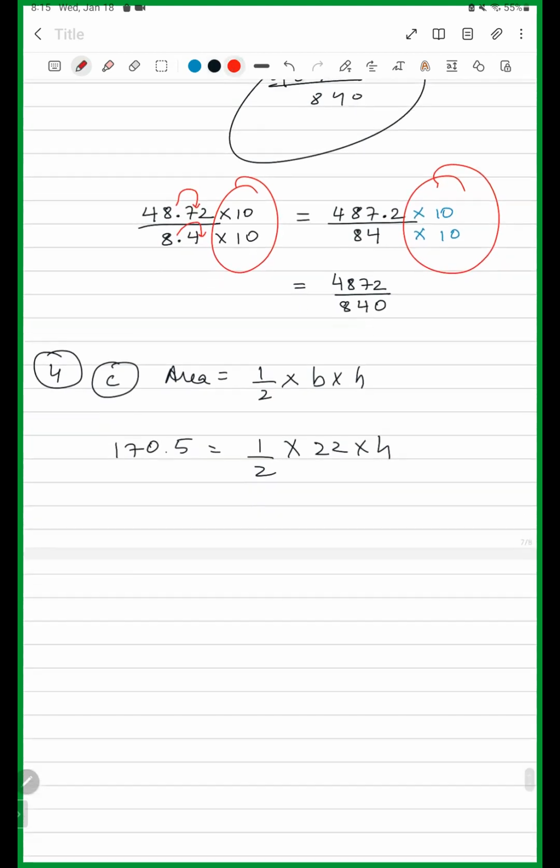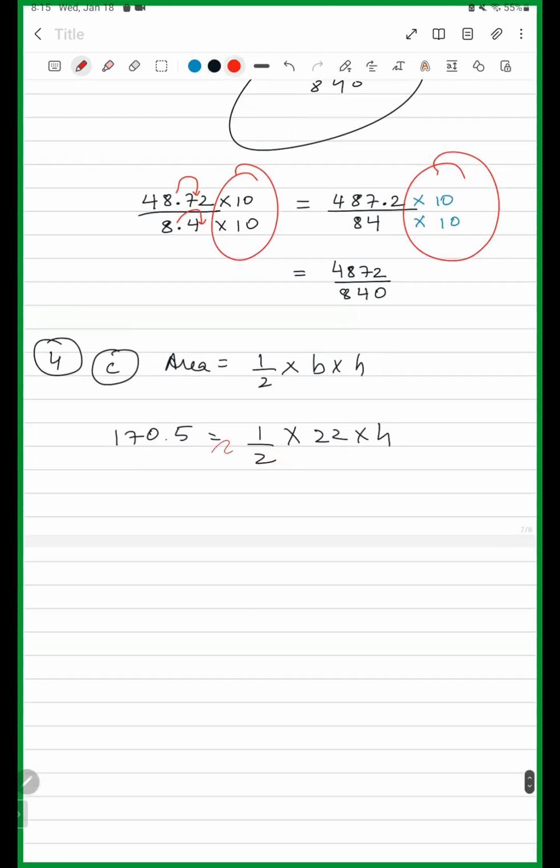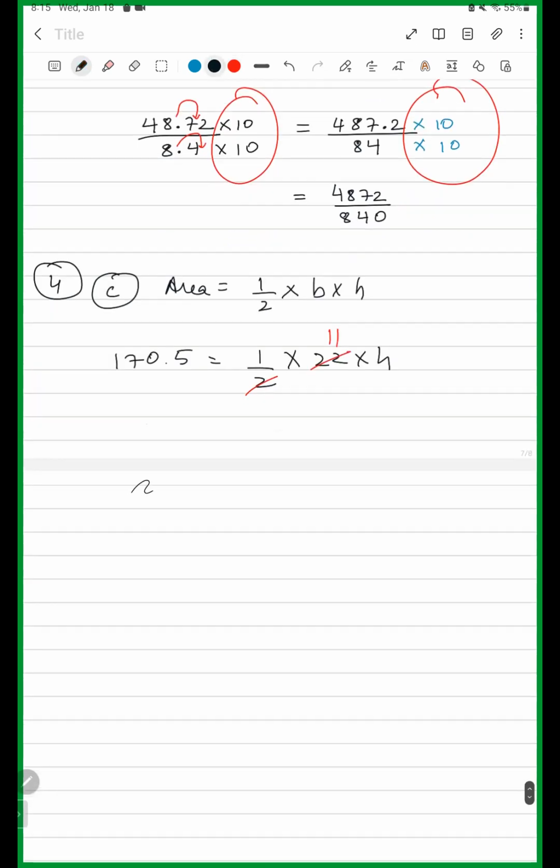So 170.5 is equal to 1 multiplied by 11 multiplied by h. You don't have to mention the one because 1 multiplied by anything is going to give you that same number only. So now we have, let's flip the equation. 11 multiplied by h is equal to 170.5. Yeah.